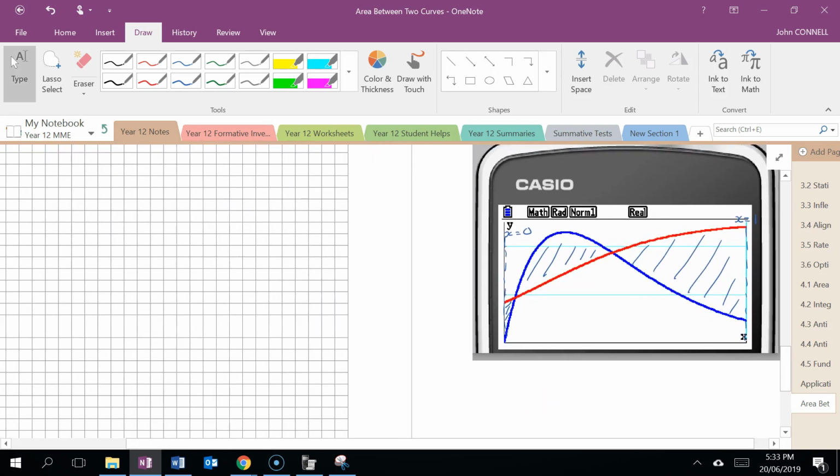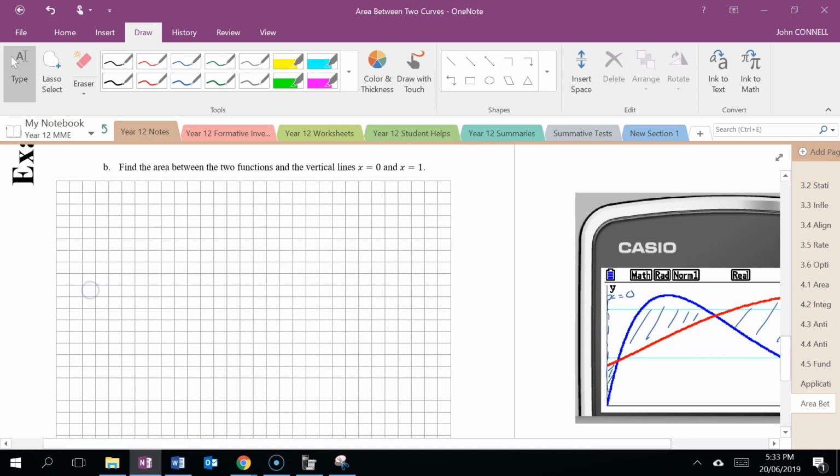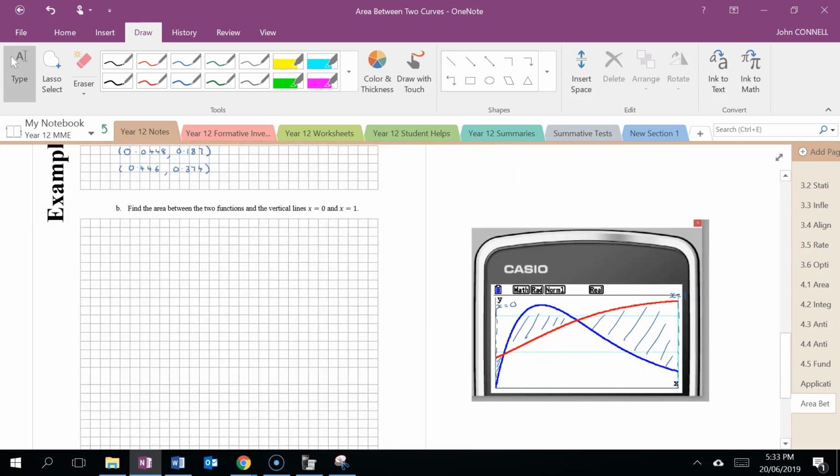Now, if I'm going to use that, there are a couple of options. Firstly, the way to do this using an integral expression, and remember it's always the idea of the upper function take the lower.